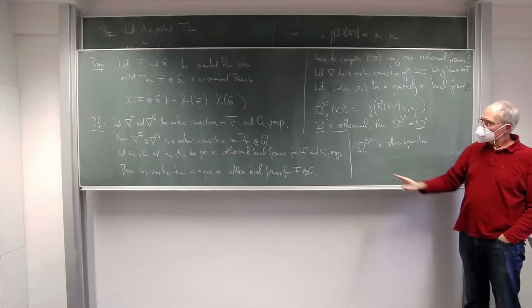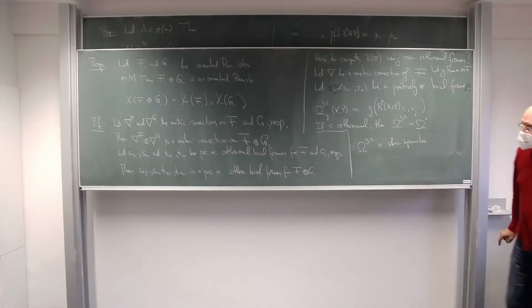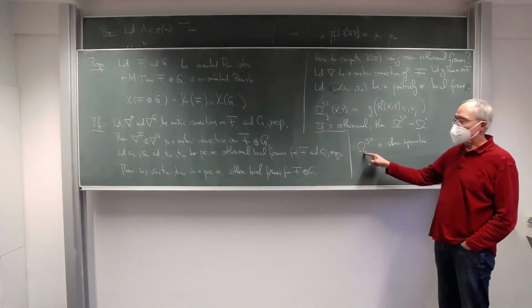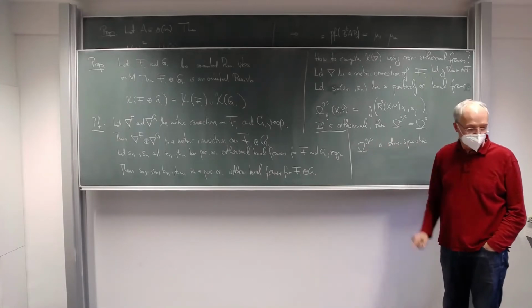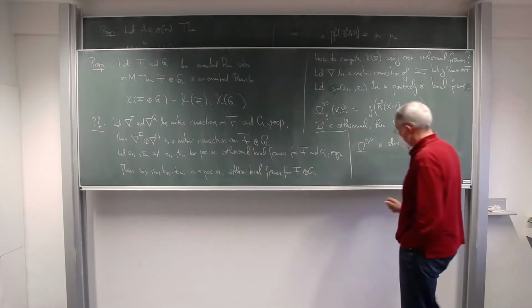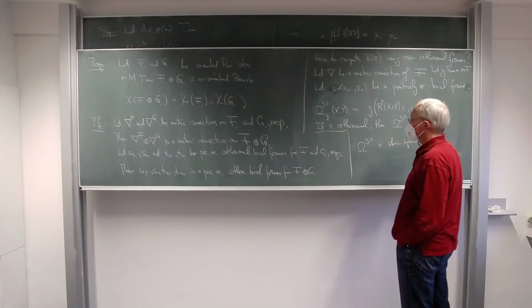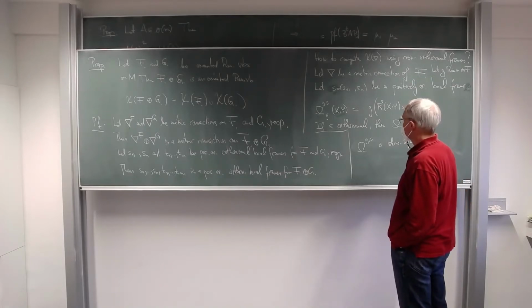So the advantage is we can apply the Pfaffian to this guy. And now it will in general not directly represent the Euler form, but at least we can apply the Pfaffian and see how it relates to the Euler form. Okay, so now in order to do that, let's fix another local frame, which we will then choose to be orthonormal.